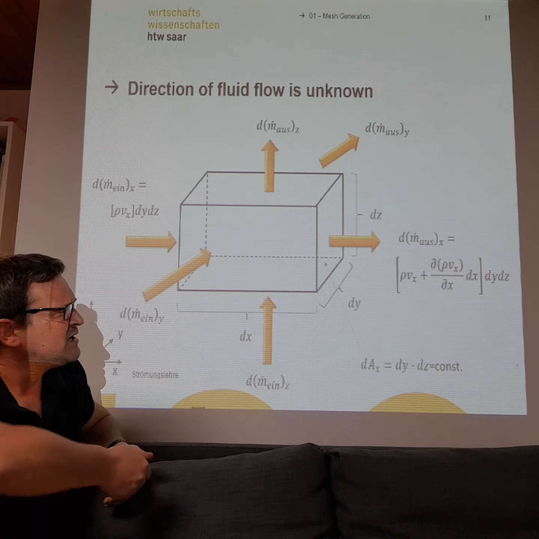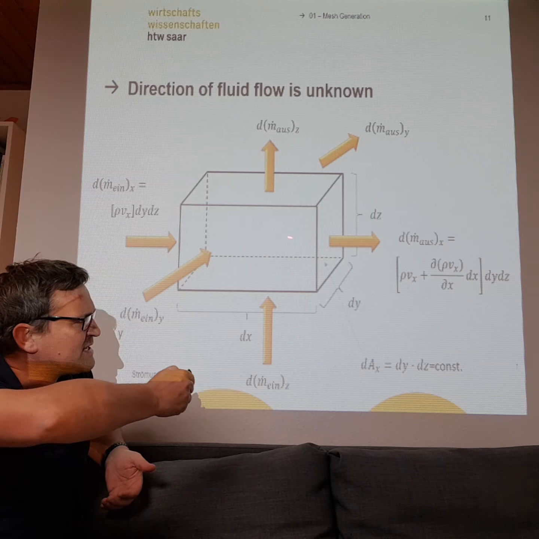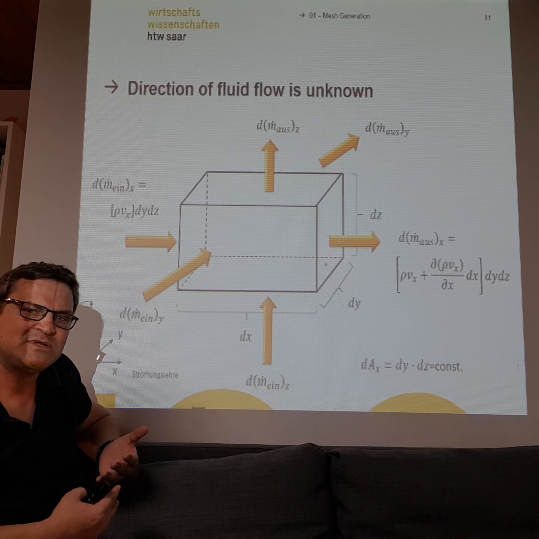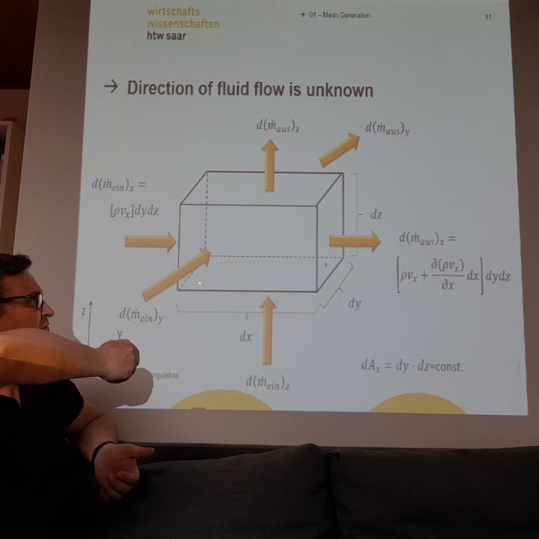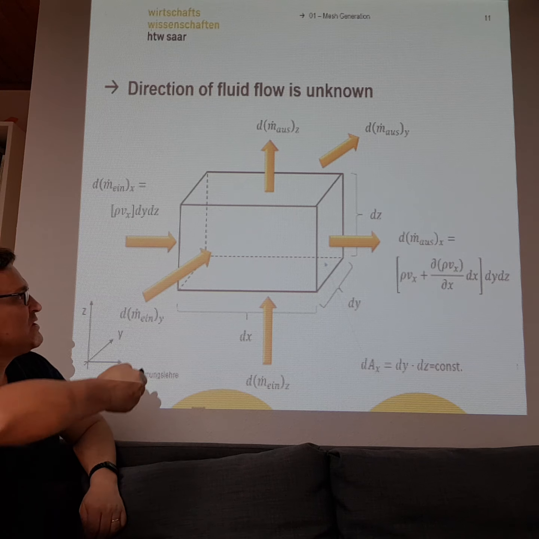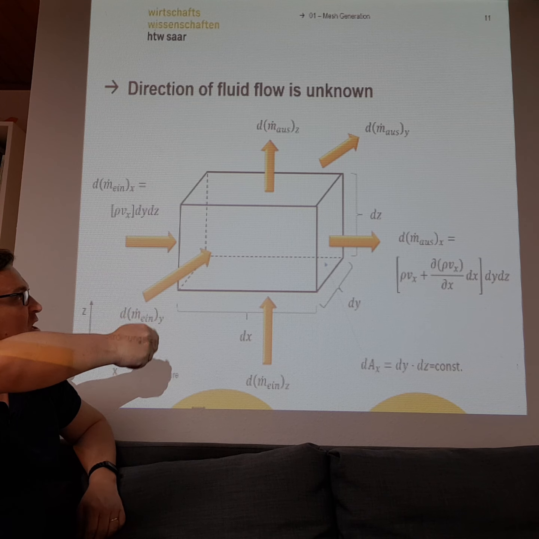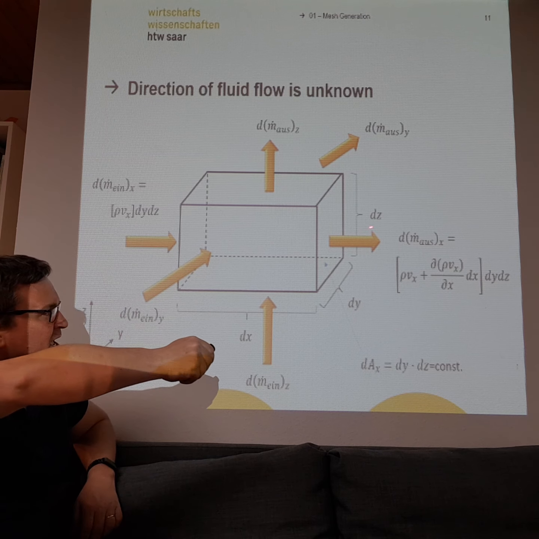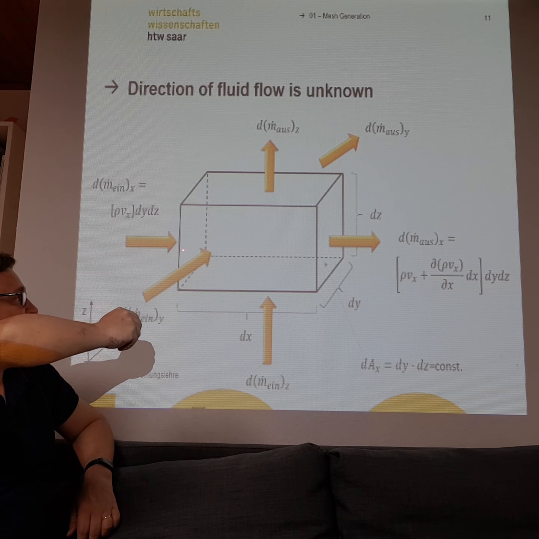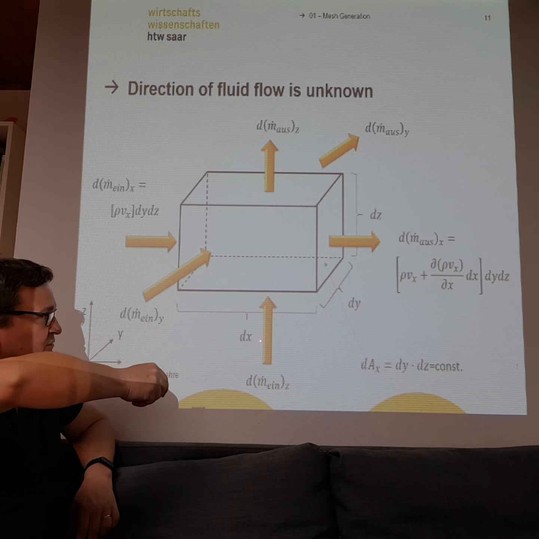Everyone can tell you 5 kilograms per second will come out of this side. But what happens if there are other faces open for the fluid? How much of the fluid will go into this direction and how much will exit here? Or if the fluid enters here, how much will exit from here?